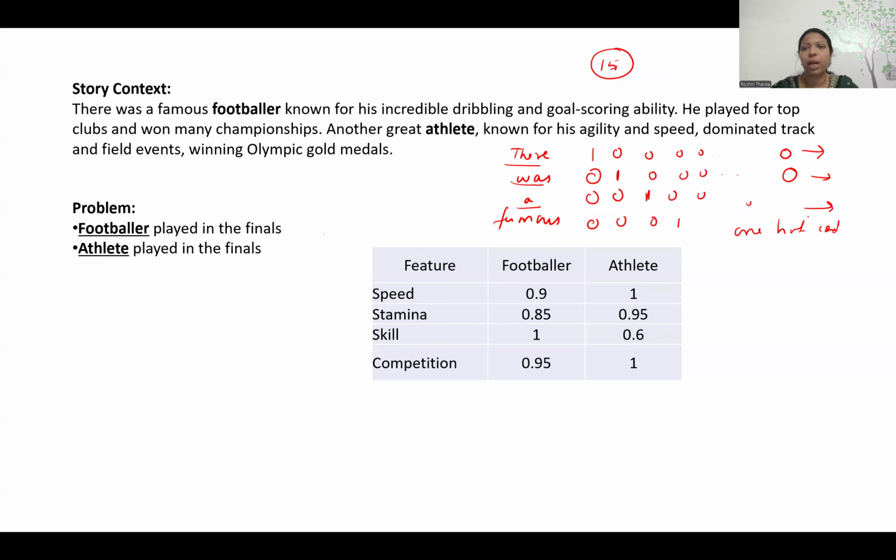to the neural network. The next layer of the neural network is the hidden layer. In the hidden layer, I can have any number of neurons, or perceptrons. That is also a hyperparameter. I can have any number of neurons in the hidden layer, or any number of hidden layers. Based on that, the value will be assigned.